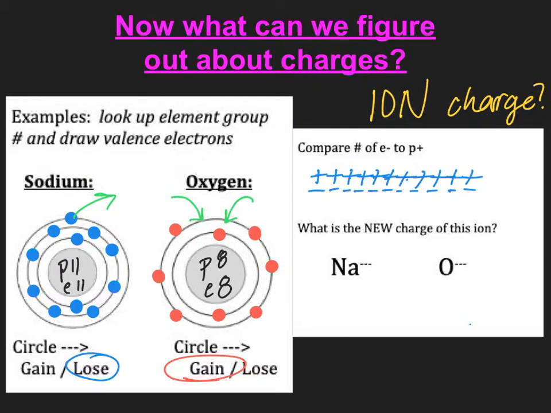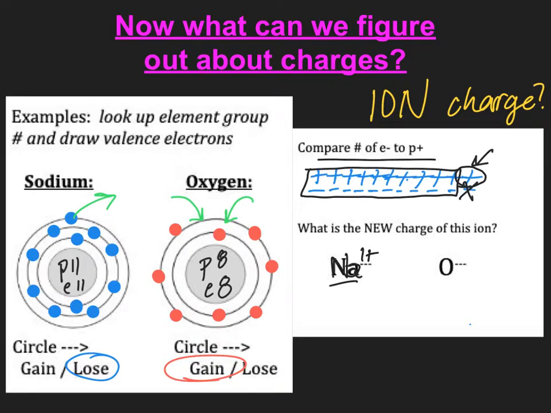So as we think about that electron going away, we now can get a visual on how these numbers of electrons compare to protons. We get a cancellation of all of these particles except this one remaining proton. The charge of this sodium element now becomes Na, which is of course the element symbol, 1 plus, because that's the amount of protons we have left over from our problem.